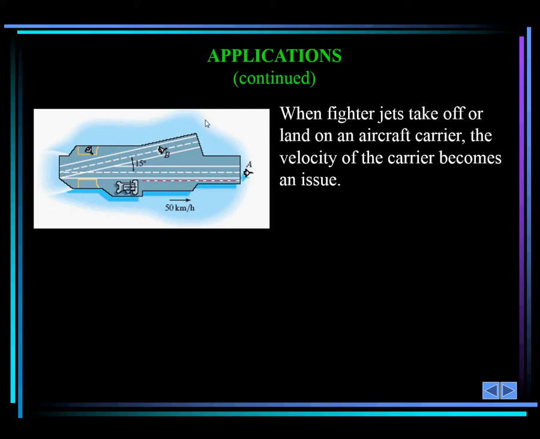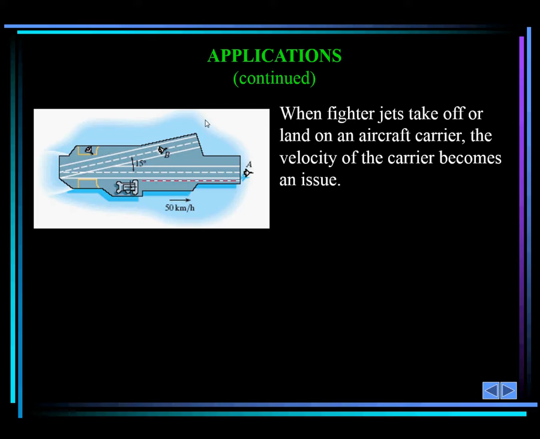So these are the kind of things that we see. When a fighter jet takes off or lands on an aircraft carrier, the velocity of the carrier becomes an issue. Why is that? Because the plane is part of the carrier for a while.